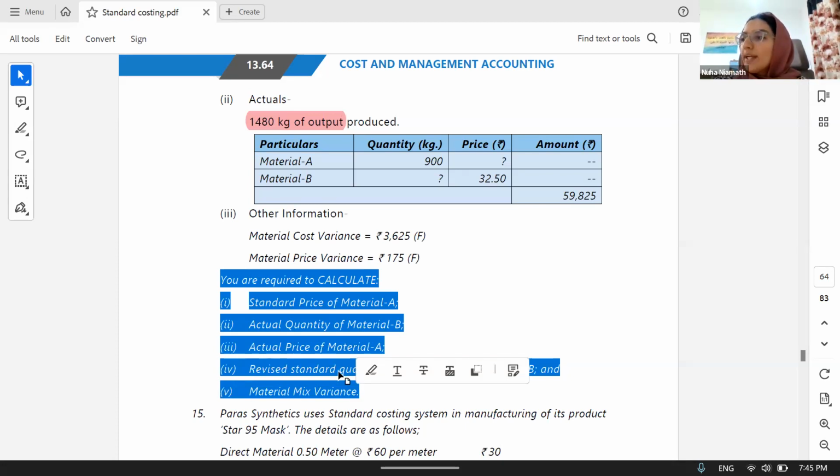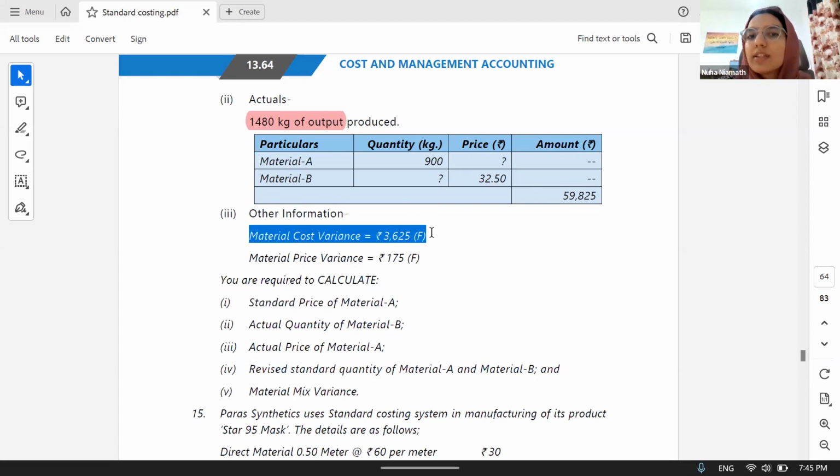Now, to quickly brush up the concepts, can you tell me how do we calculate material cost variance? Can somebody tell me the formula of material cost variance? What is the difference between what and what? Let's see how many of you have revised and practiced and understood.